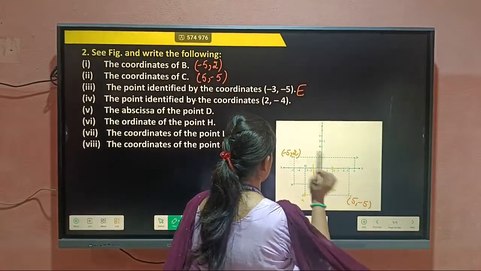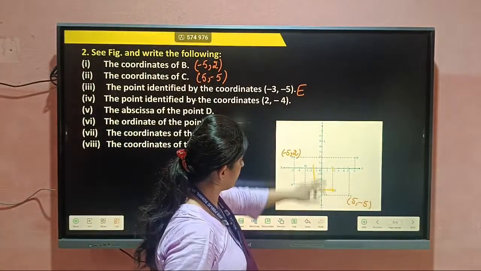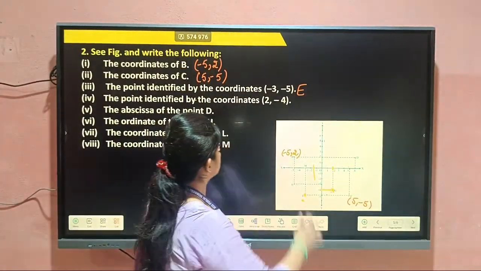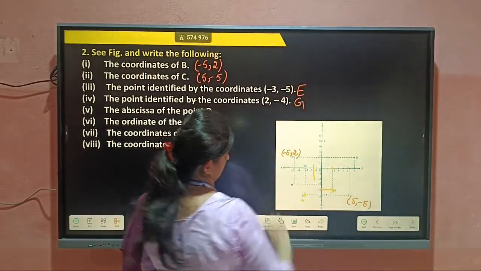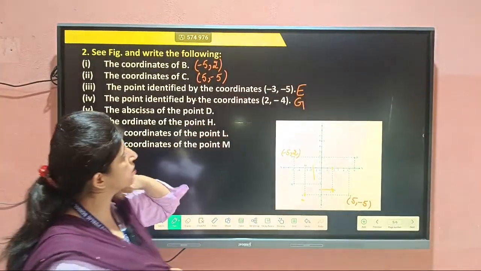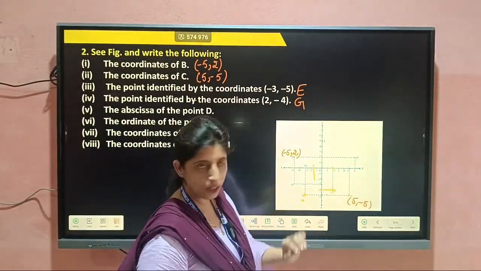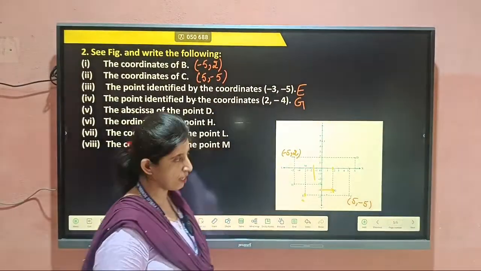So this is the point G, where x is positive 2 and y is negative 4. Got it? That is the coordinate of G, right?